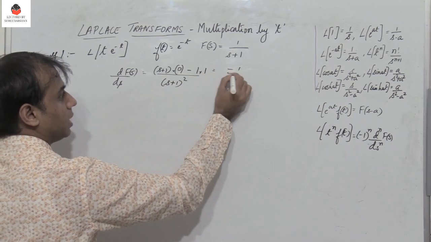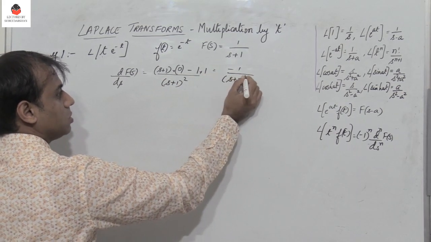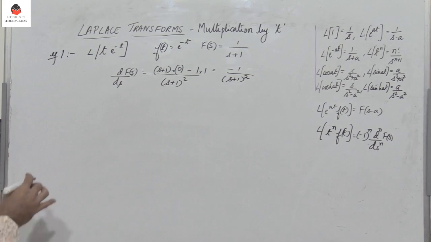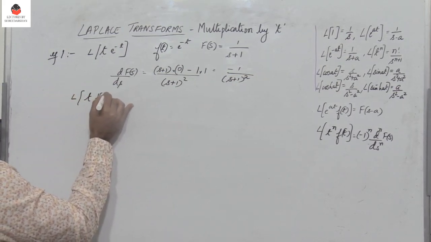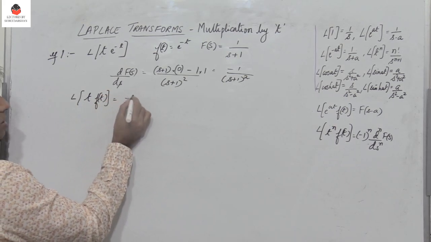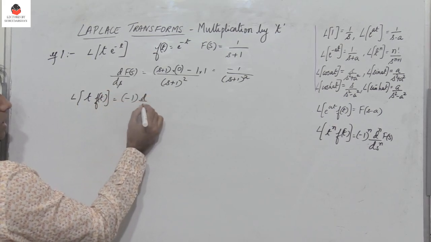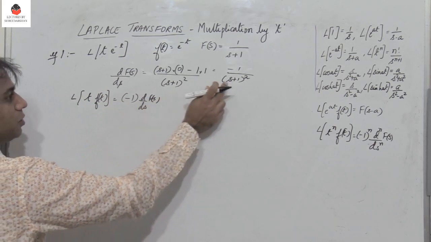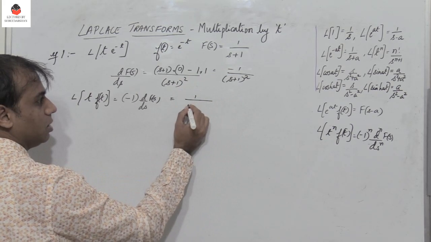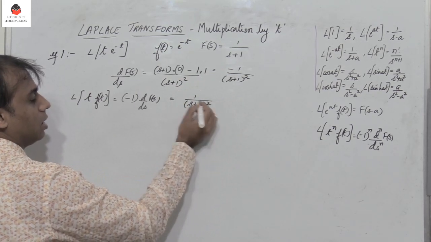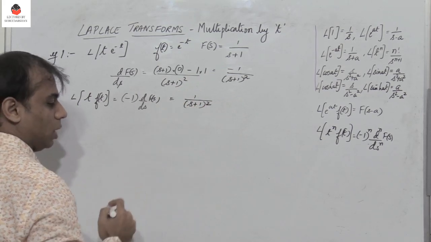So this is going to be minus 1 divided by s plus 1 the whole square. Right? So now we know that Laplace transform of t f of t is nothing but minus 1 d by ds of f of s. So I have to multiply this with minus sign. So minus into minus becomes plus, so it would be 1 divided by s plus 1 the whole square.